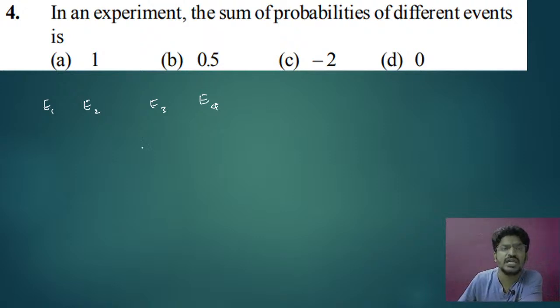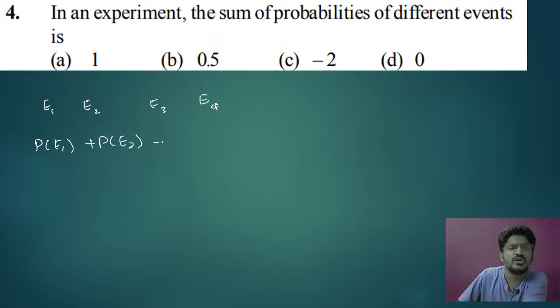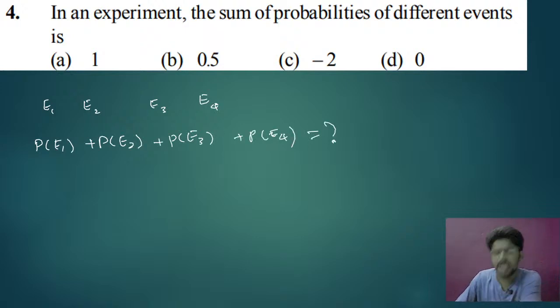Now what are they asking? Sum of probabilities. That means probability of E1 plus probability of E2 plus probability of E3 plus probability of E4. There are 4 events. Now they are asking what the probability of all 4 events together will be.